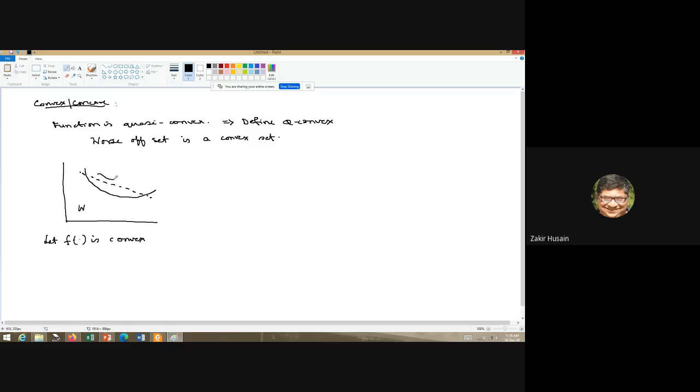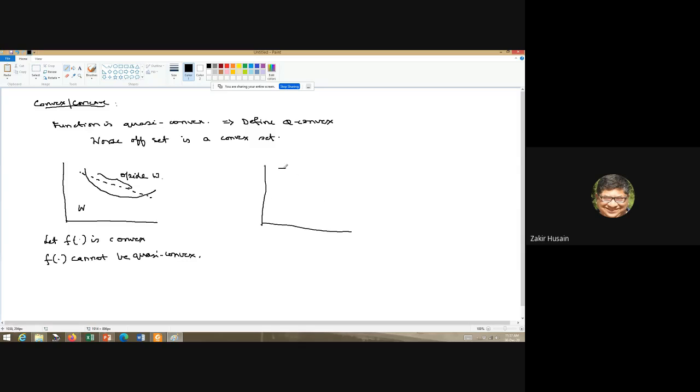So these points are outside W. Therefore, this function cannot be quasi-convex, right?